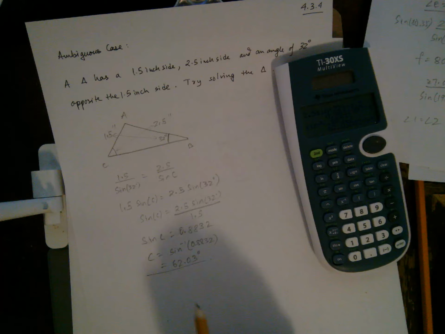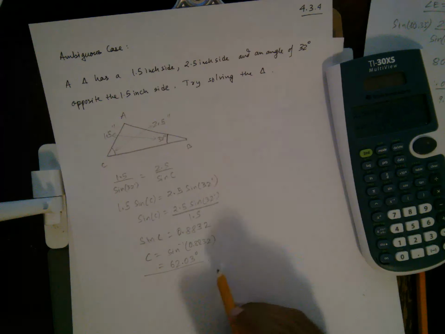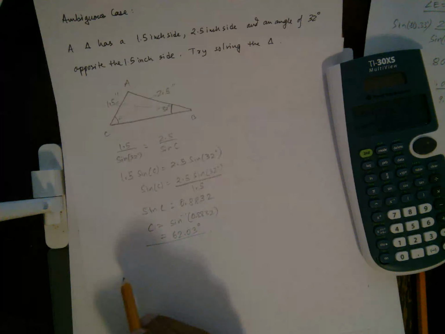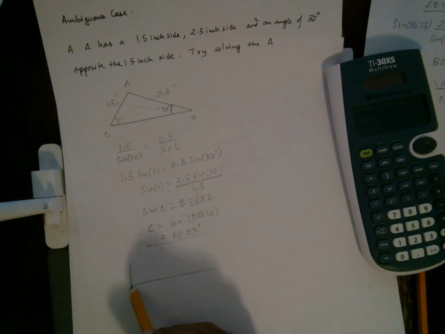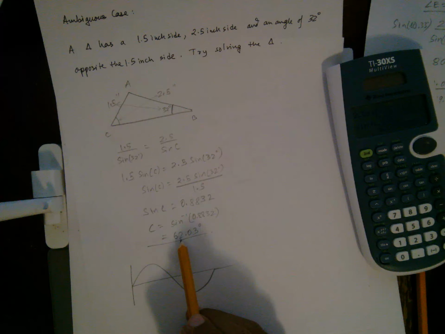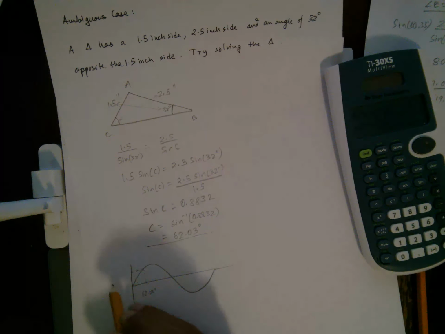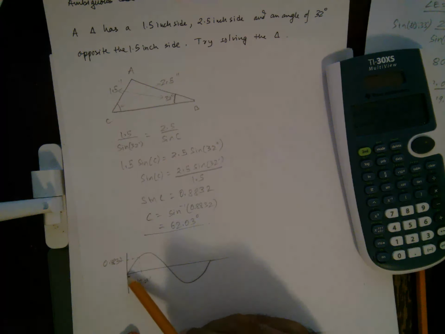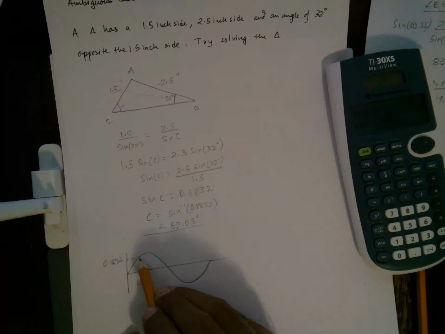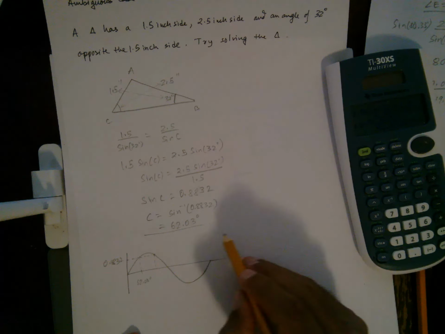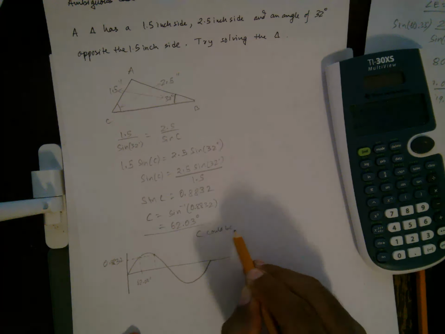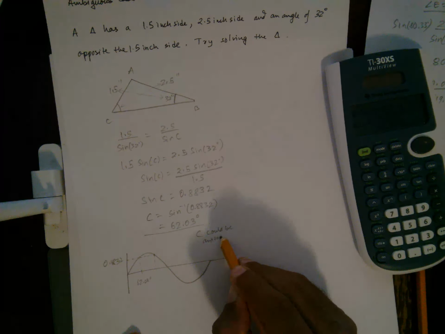Now, here is a situation where we have to go back to the graph of the sine, right? This is saying that when you have 62.03 degrees, the value it gives you is 0.8832. But because of the nature of sine, it repeats the values, so there is some other point here which also gives you the same answer. So C could be another number.